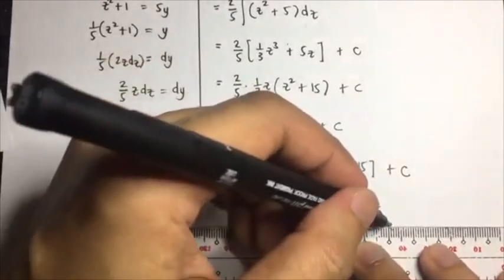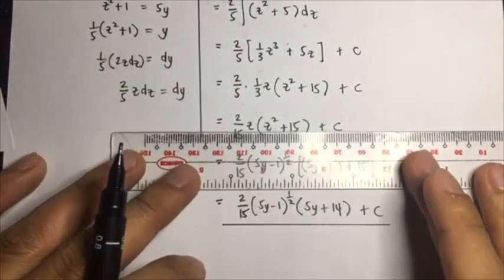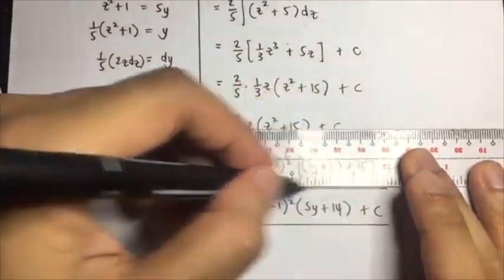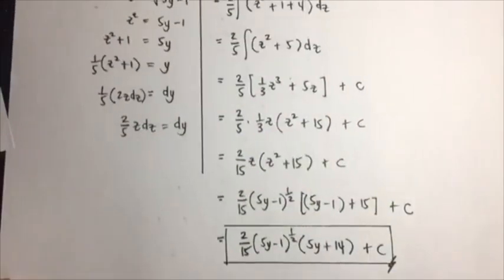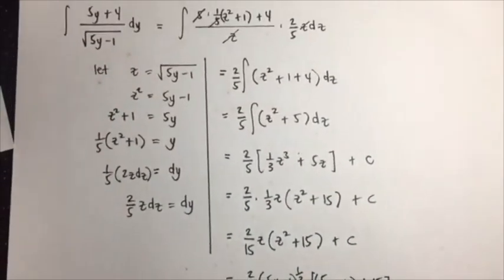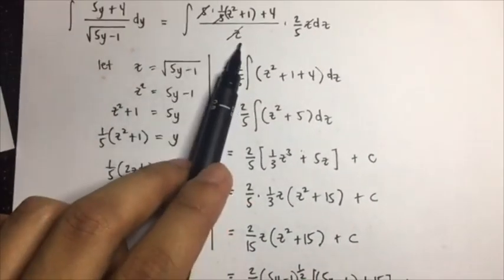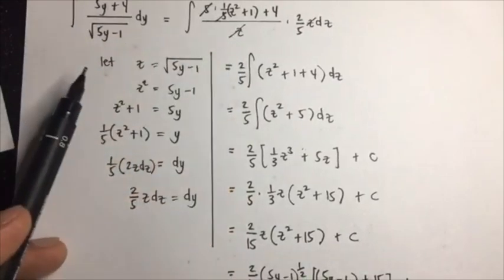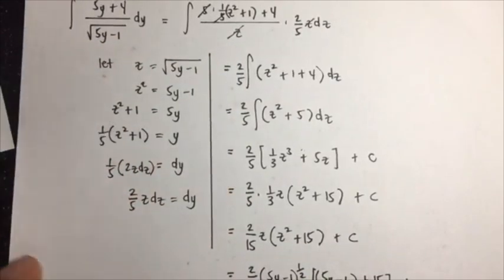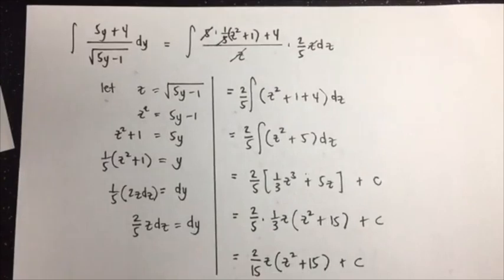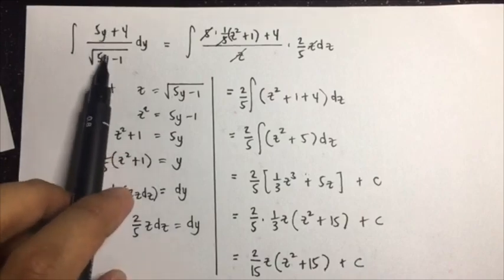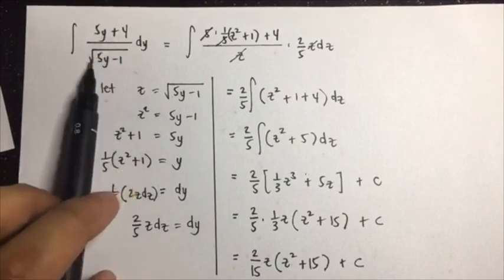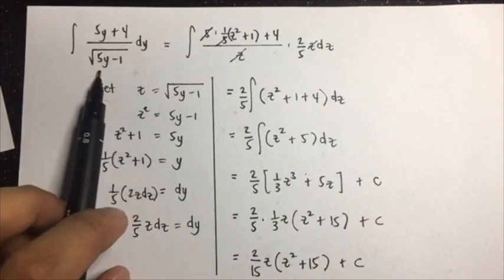Okay, so that's how algebraic substitution works. We express the integrand in terms of another variable. It's important that when we do algebraic substitution, we select the part of the original integrand that makes it difficult to integrate.